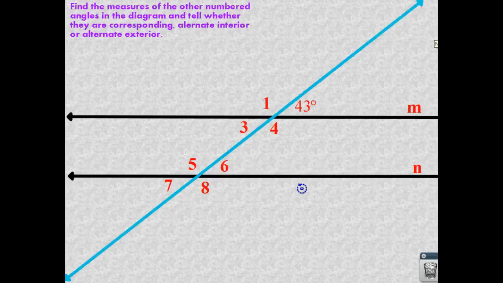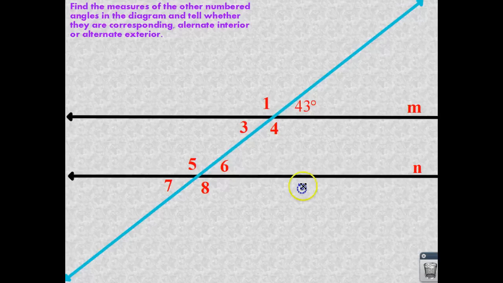All right, so now I have an example here where they gave us one of our angles. Looks like they gave us angle 2. And it says find the measures of the other numbered angles in the diagram and tell whether they are corresponding, alternate interior, or alternate exterior. So this is a good time to review what we had in the last video called vertical angles and supplementary angles.